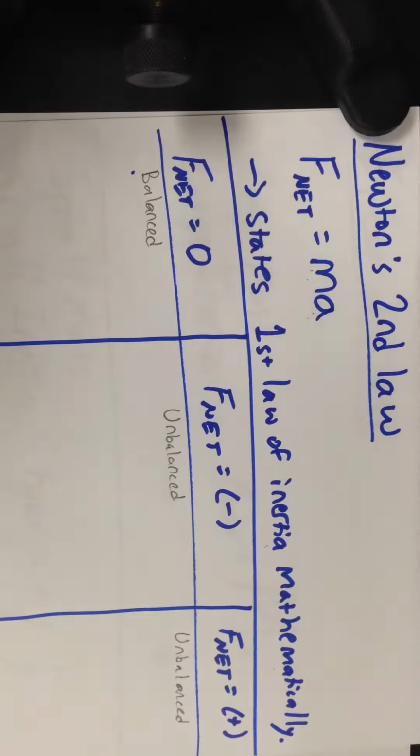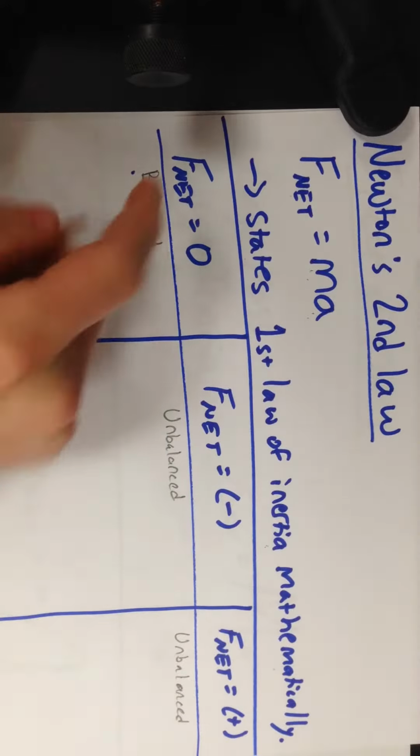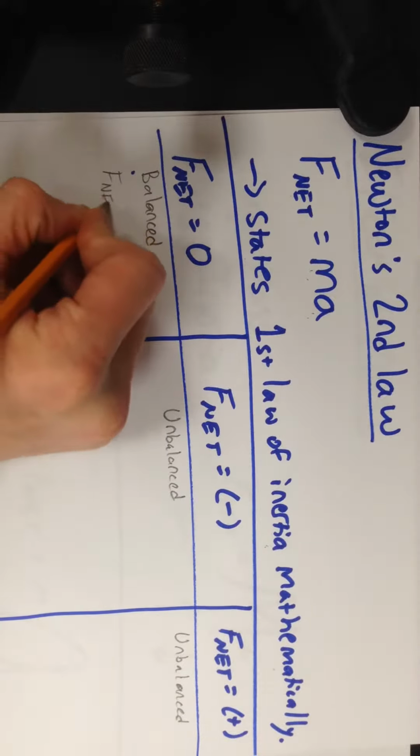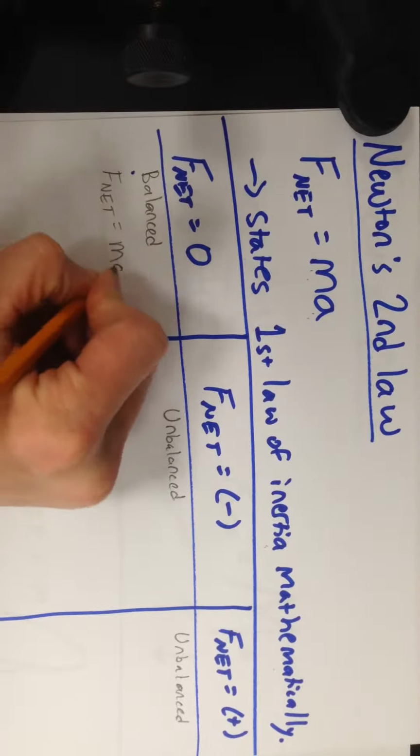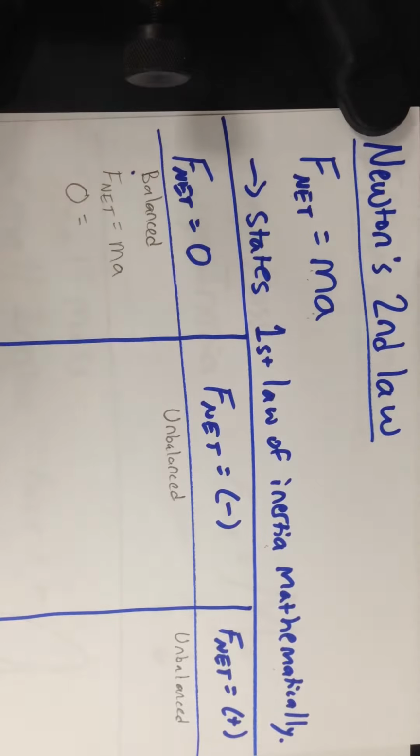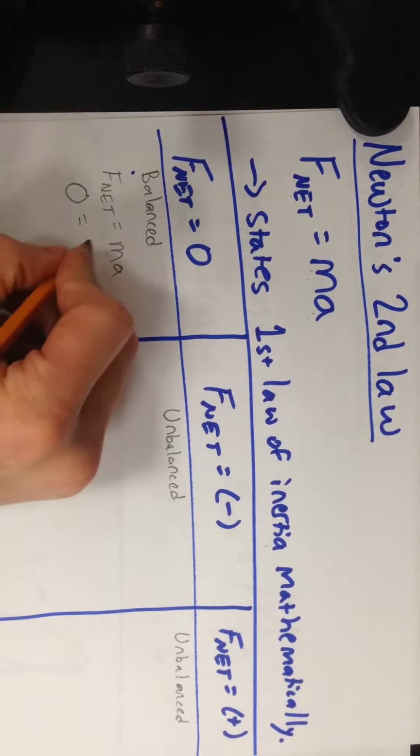So how does Newton's second law work if the net force is zero? F net becomes zero. M, whatever the mass of the object is, doesn't matter what number it is, and a will always end up being zero if the net force on an object is zero.